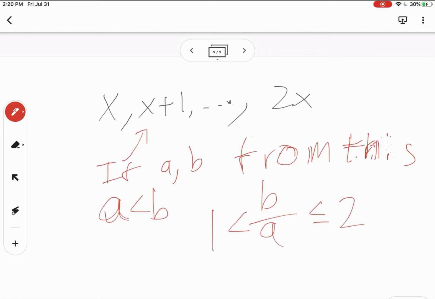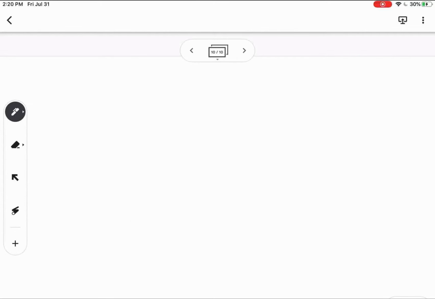Anyways, can we partition 1 through 126 into sets like this? Well, we have to use the fact that 126 is close to 2 to the 7, because this basically takes us from x to 2x. So if we go backwards, if we have 126, then we can go to 63 through 126. And this is very nice.